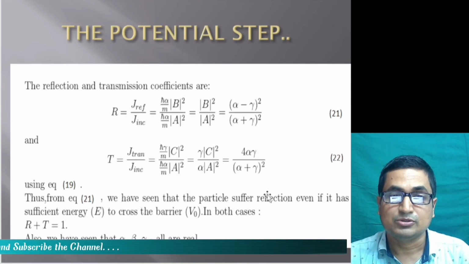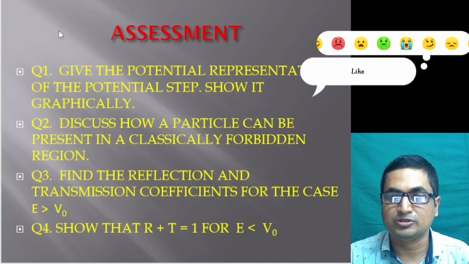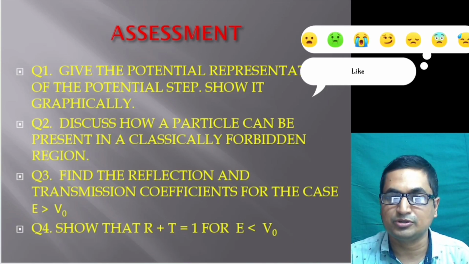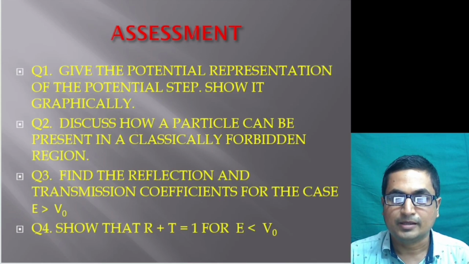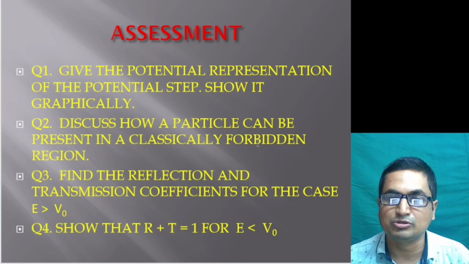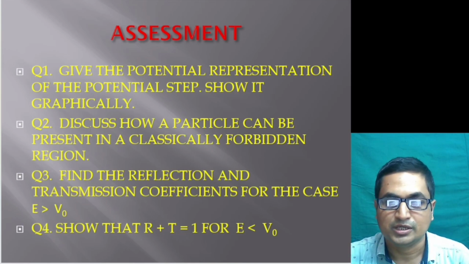So lastly we are with some assessment here. The first one is the potential representation, that is V of x equal to 0 for region 1, V of x equal to V naught for region 2, and a graphical representation. Then how a particle can be present in the classically forbidden region, because the wave function is non-zero and leads to some probability, but the transmission coefficient is 0 in that case.